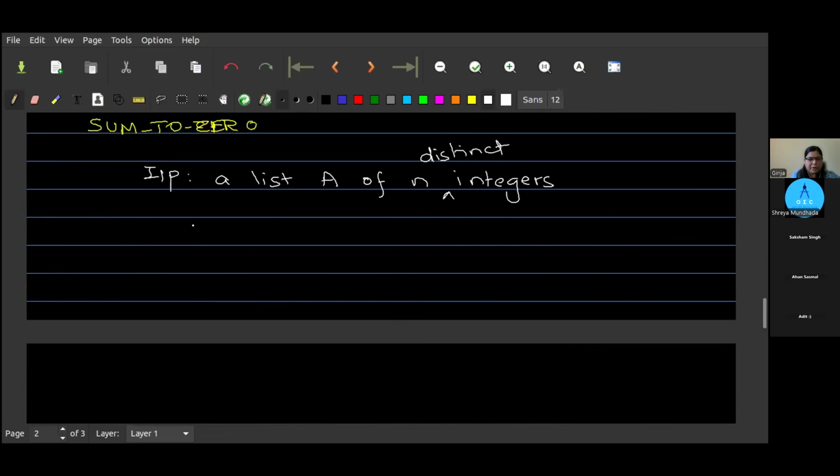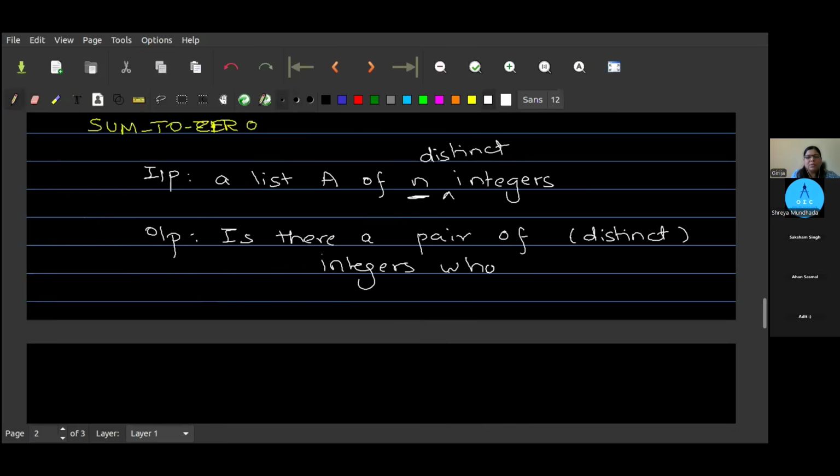The integers are not repeated, and n of them. And what I'm asking is, is there a pair of distinct integers whose sum is zero? When I say pair, it has to have two different elements.